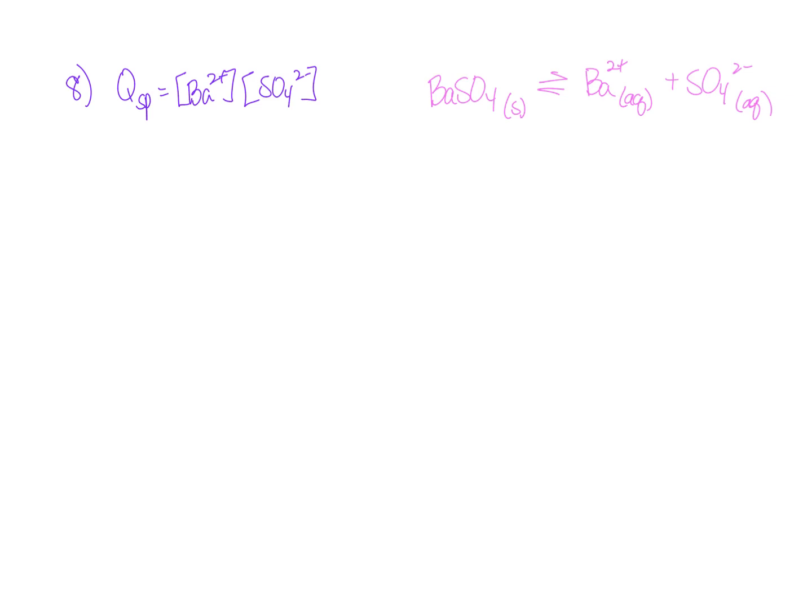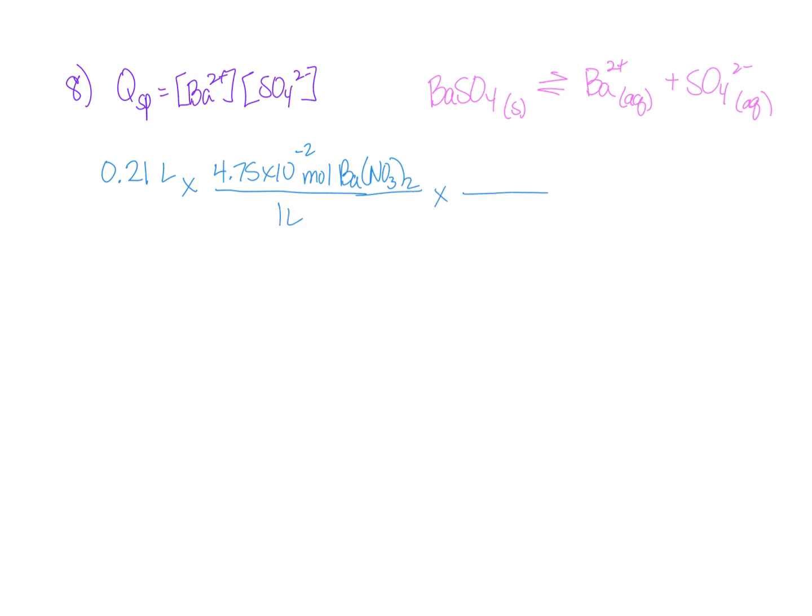So what I'm going to do first is start with the amount of the Ba(NO3)2. That's where my Ba2+ is going to come from. So I'm going to start with the volume of that, which is 210 milliliters, or 0.21 liters. And I'm going to multiply that by its concentration as a conversion factor. So 4.75 times 10 to the minus 2 moles of Ba(NO3)2 in 1 liter.